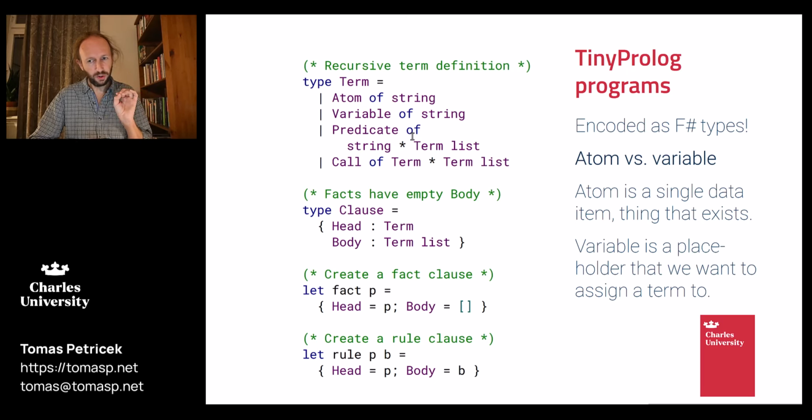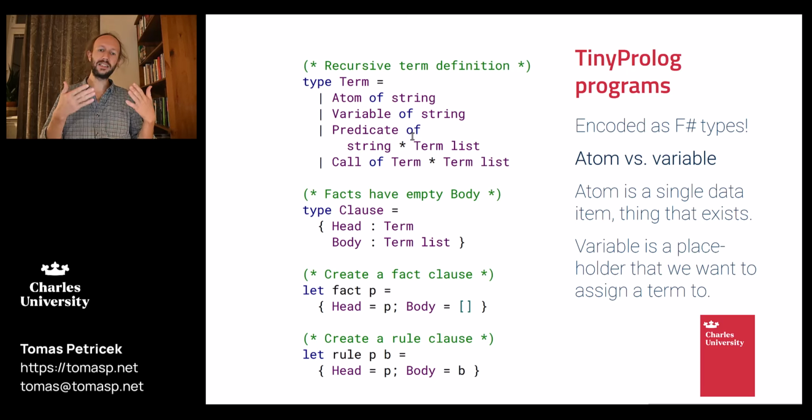The important distinction here is that there's an atom and a variable. Those are both named things, but an atom represents a single element that exists in our closed world, and a variable is a placeholder that we will be assigning to in unification.